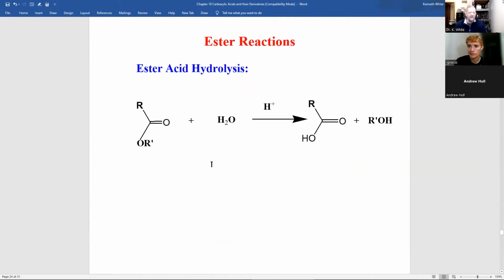On Monday, we found out that there's acid hydrolysis of an ester. If you take an ester and react it with water and an acid, you get back the carboxylic acid and the alcohol you would have used to make that ester. We're going to come back to this reaction later in the semester because this is how your stomach breaks down fats and oils you eat.